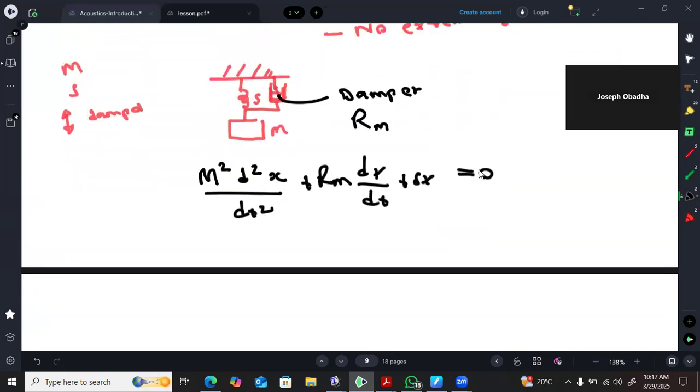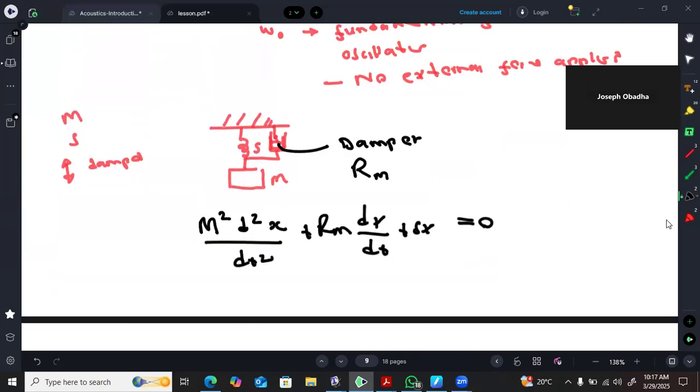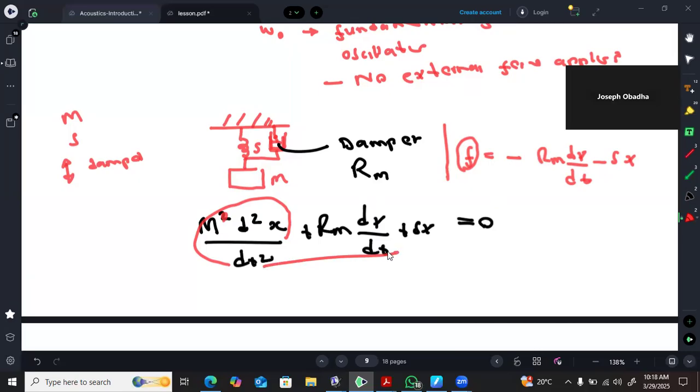Because what we are basically saying is that in this new arrangement, you have F equal to the negative of Rm dx by dt, because the force associated with this is given by this minus Sx. And this force is given by m d squared x by dt squared, so that we come up with this equation.